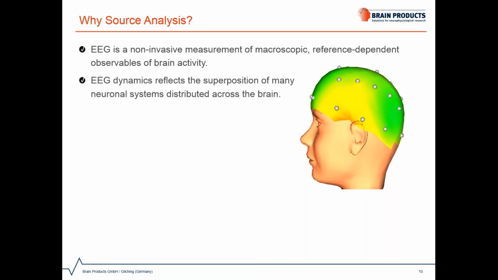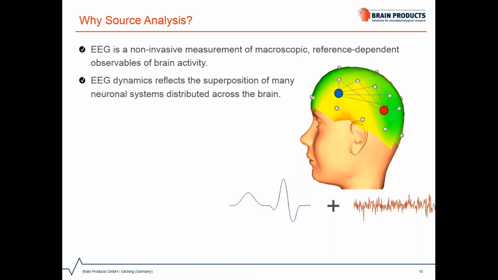For instance, if we have a source at the back of the brain, and if we have a simultaneously active source at the front of the brain, the channel close to the back and the channel close to the front source will primarily pick up the respective sources, whereas channels in between will pick up the activity from both sources. Especially, both sources project to all the electrodes.